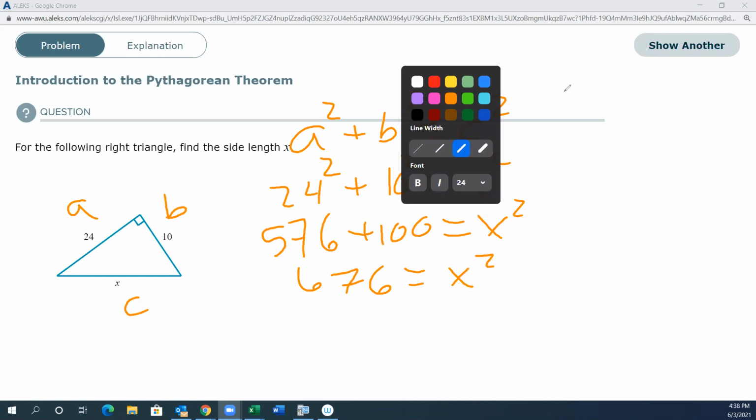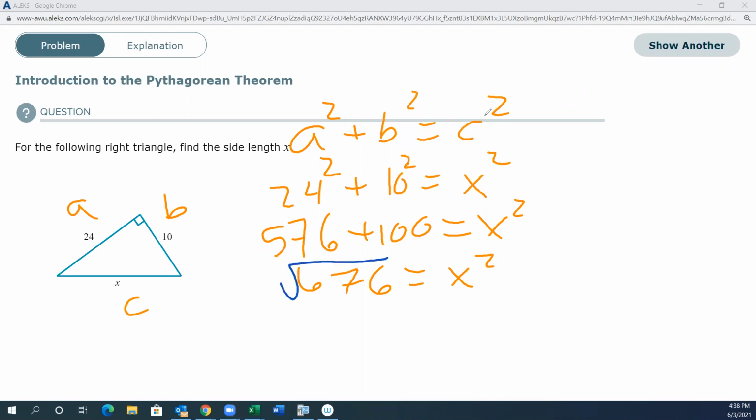And then we will square root both sides. We're just doing what we always do. Do the opposite of what's being done to the variable. The opposite of squaring is square root. So those cancel with each other, and we're left with x equals 26. And it doesn't say if it's meters or feet or whatever, so we're not going to worry about that.